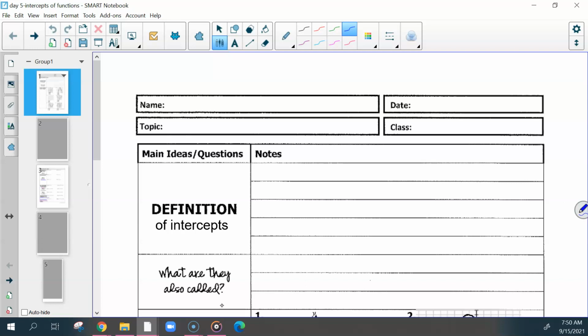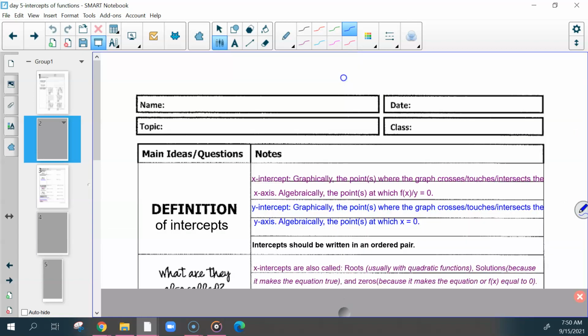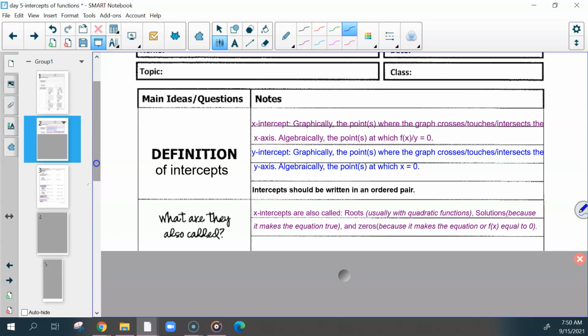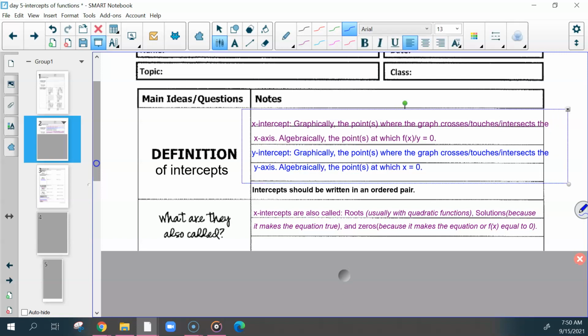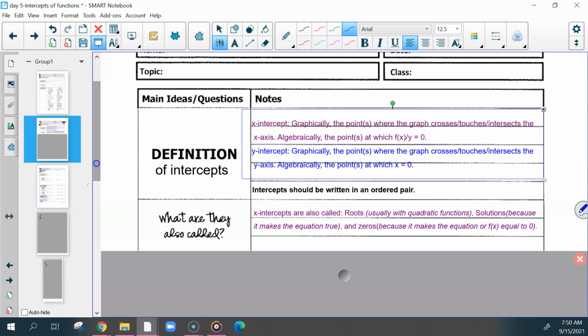And today we're going to start off with intercepts. So I'm going to pull this down so you guys can drop this down. I'm going to read this off because I didn't realize how small it was. So for x-intercept, graphically, it's where the point crosses, touches, intersects the x-axis.